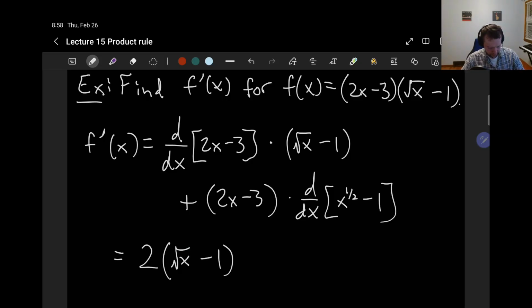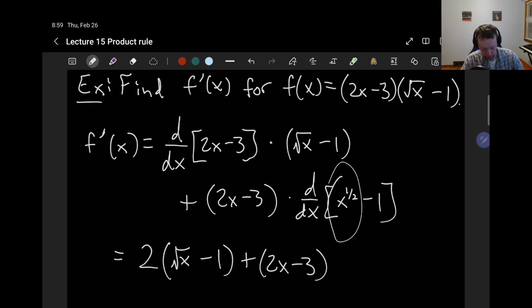Okay. Now notice the minus 1 doesn't really matter here when I'm taking the derivative because it's just a constant. So I'm really focusing on this part. By power rule, I bring the 1/2 down. And now it's x to the negative 1/2 because 1/2 minus 1.